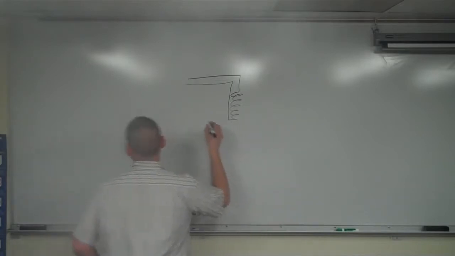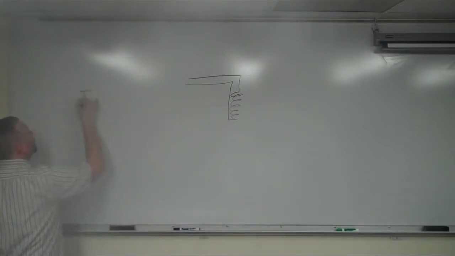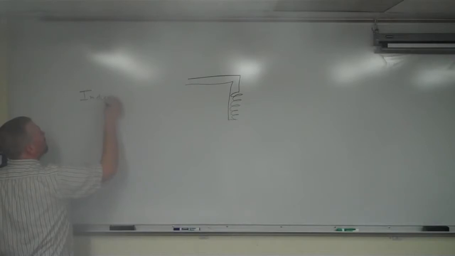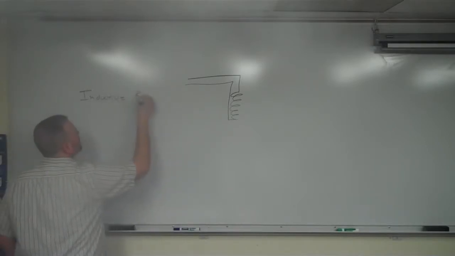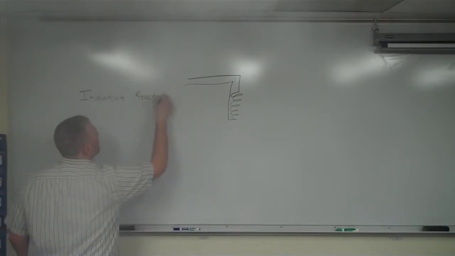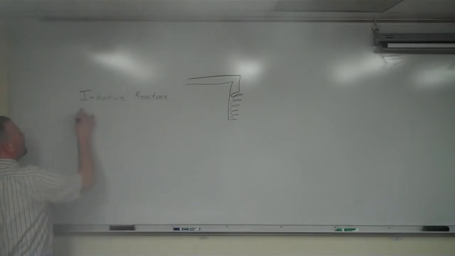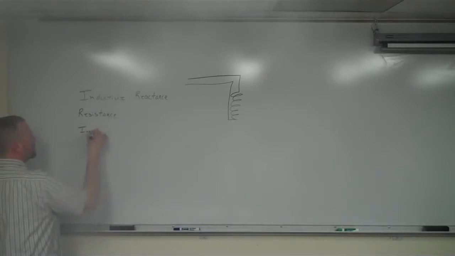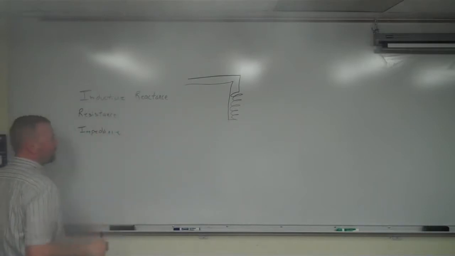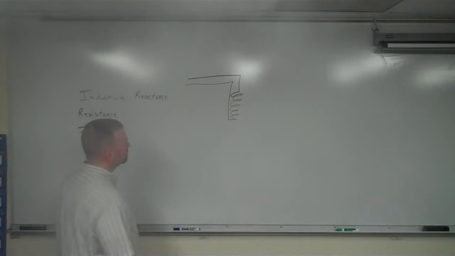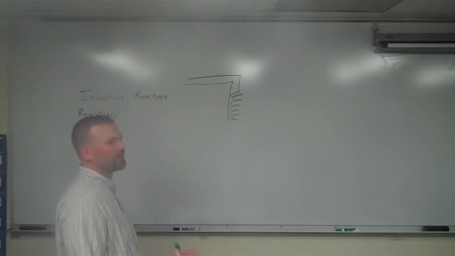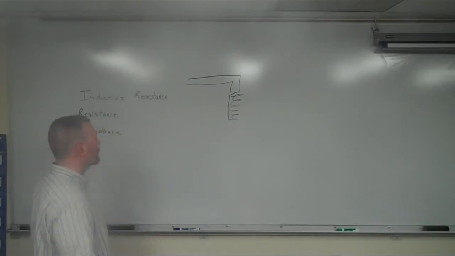There are a couple of terms that are always happening, like inductive reactance, then plain old resistance, then impedance, and how all of these terms fall together. Really where we're headed is, how do we get the calculations, how do we get the math out of it? That's more what we're concerned with right now.